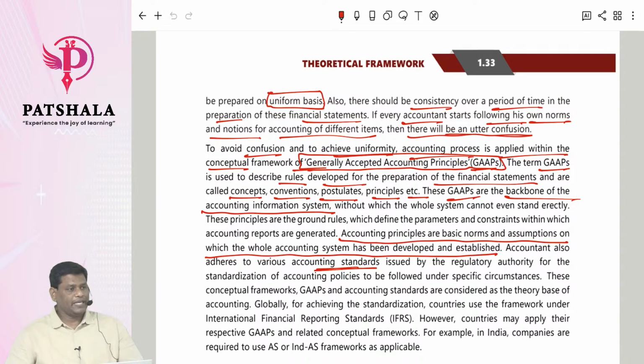GAAP, put one hyphen and write generally accepted accounting principles.